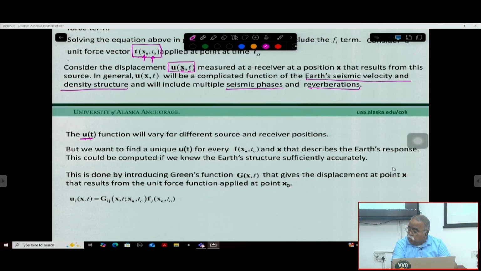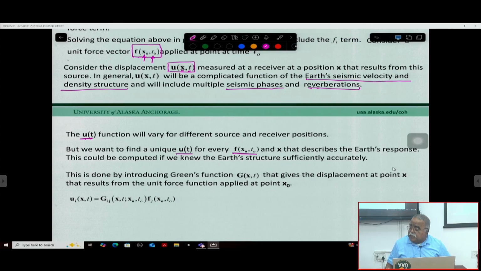Okay, so we want to find out the unique UT for every Fx0 t0. Fx0 t0 means whatever force is produced at the source. Based on whatever is acting at the source, we will be calculating the displacement at any point.